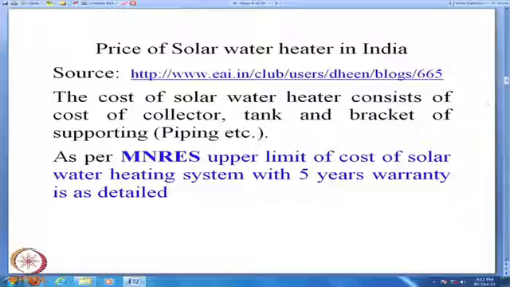And now, to have an idea for economic analysis, again a good website is available, www.eai, which I think is the Ministry of Renewable Energy Sources. They have specified an upper limit cost of a solar water heating system with a 5-year warranty.